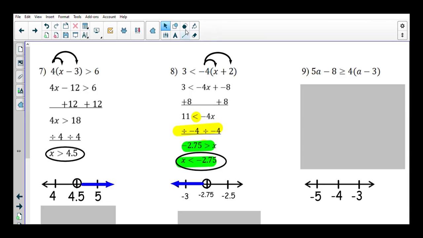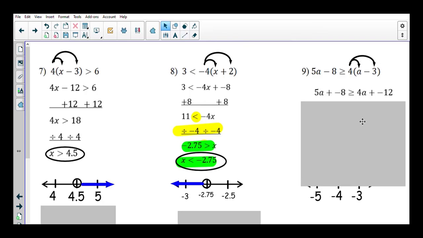What I would suggest you do first is add the opposite, but also distribute. So I definitely want to get rid of these parentheses as one of my first few steps. So we have 5a plus negative 8 is greater than or equal to 4a minus 12, which I wrote as 4a plus negative 12. 4 times a is 4a, 4 times 3 is 12, but again, a minus 12 becomes plus a negative 12.